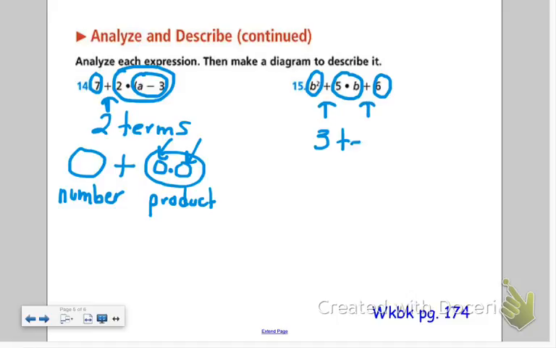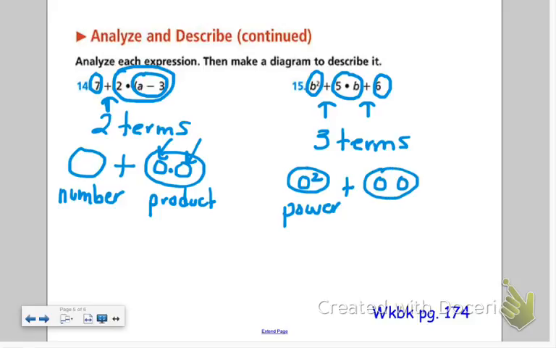In this case, I have 3 different terms. The first term is a power. The second term is a product. My third term is just a number.